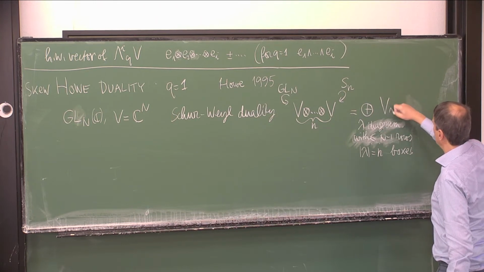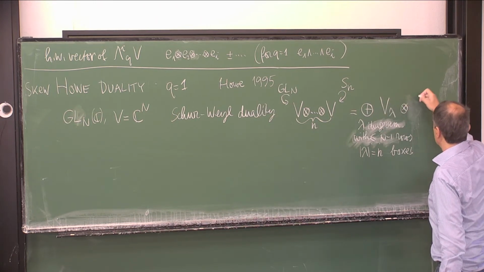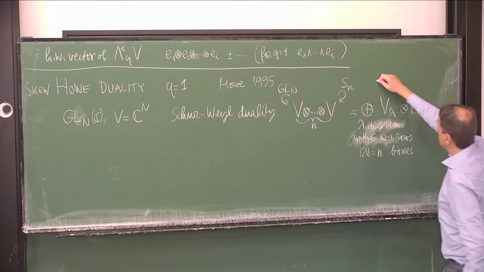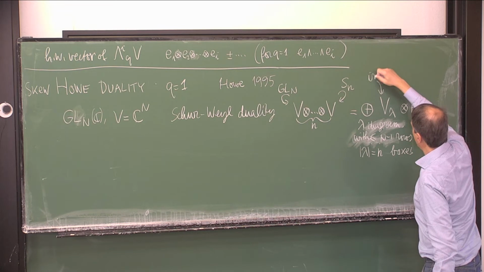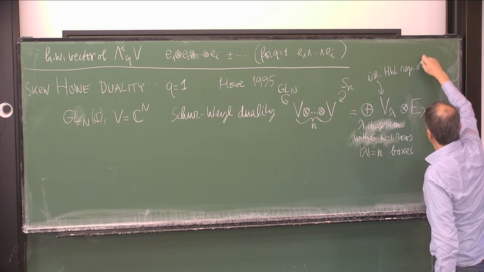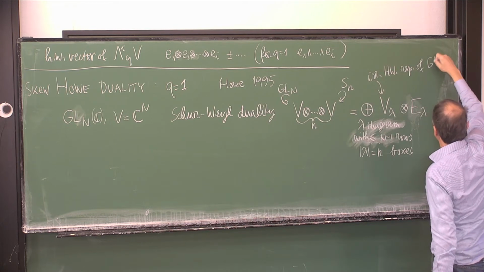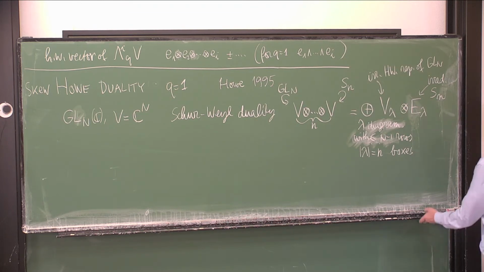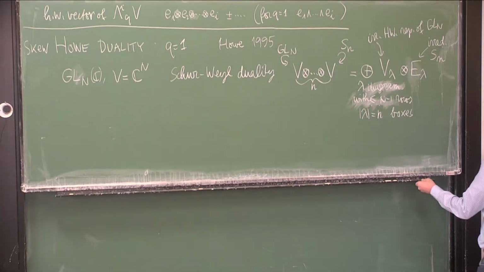And then you have V lambda times, I don't know, E lambda. So this is an irreducible highest weight representation of GLn, and this is an irreducible representation, which are also labeled by Young diagrams, of the symmetric group.